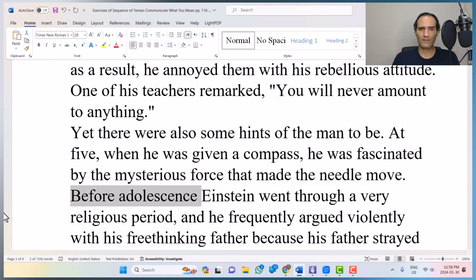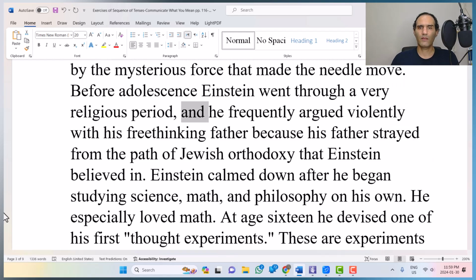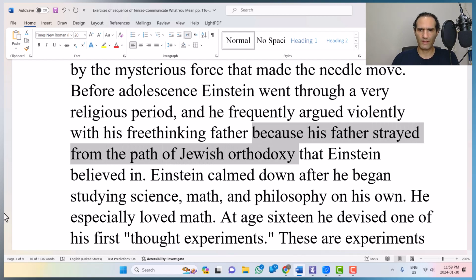Before adolescence is the time before becoming an adult. It is between your childhood and moving to adulthood. Before adolescence, Einstein went through a very religious period, and he frequently argued violently with his free-thinking father because his father strayed from the path of Jewish orthodoxy.